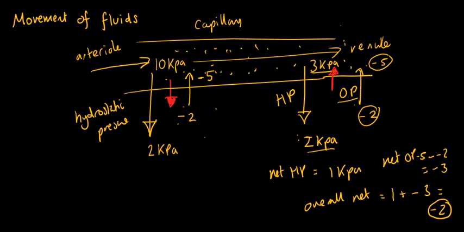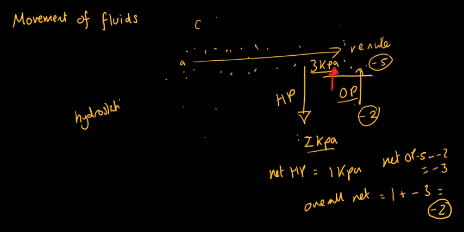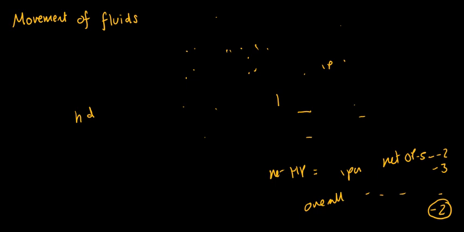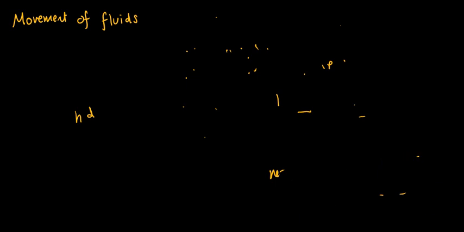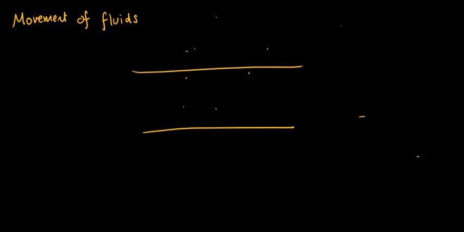Okay, so now let's have a go at looking at more realistic numbers for this situation, and then you can have a go at seeing if you can work out some of this yourself. So let's imagine I have a capillary here, and I've got my hydrostatic pressure here, which I'm going to say is 4.3, and my hydrostatic pressure in the tissue, which I'm going to say is 1.1.